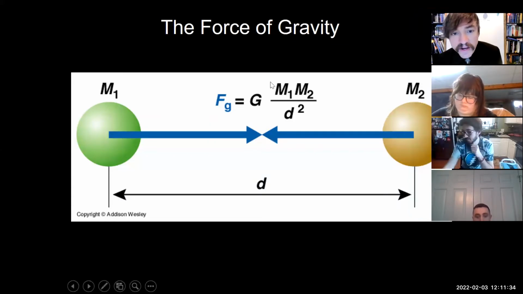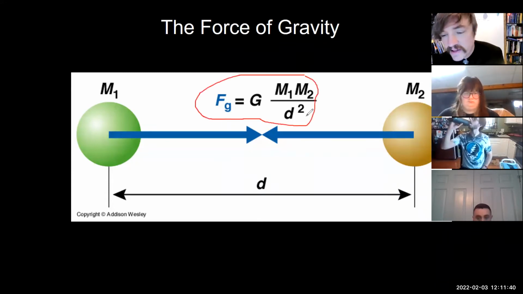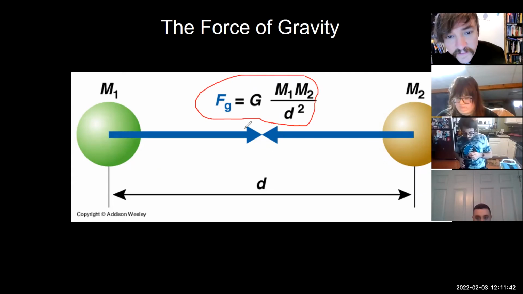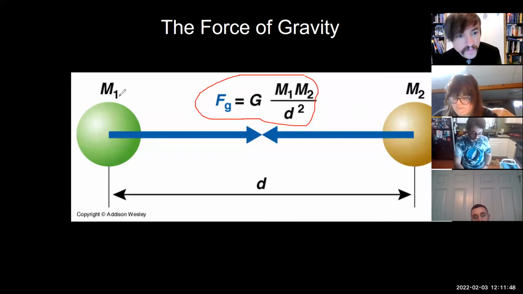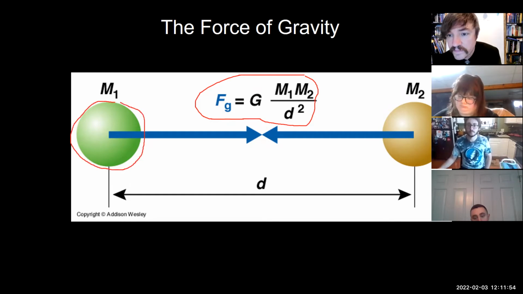Now, eventually, we're going to write down the modern version of Newton's law of gravity, which is this. But don't write that down just yet, because I want to introduce it Newtonian style. Newton's version of the law of gravity didn't quite look like this. In fact, he wrote it out in words. But it did have as a starting concept that you would have two masses. They could be arbitrary masses, like the Earth and the Moon, or the Earth and the Sun.